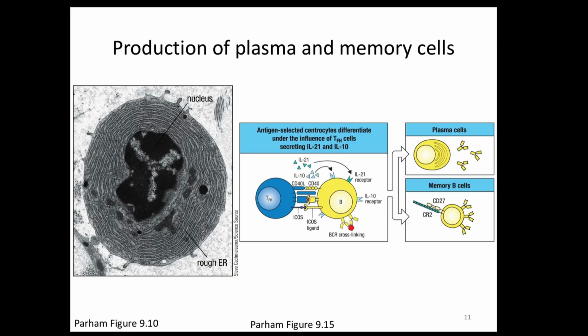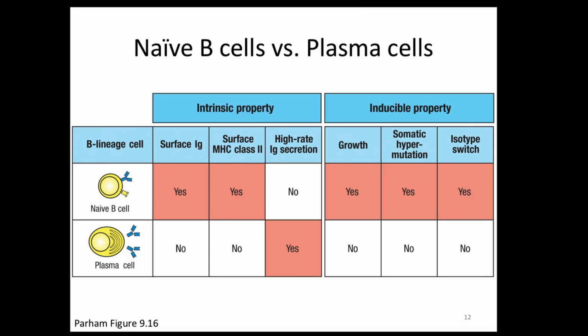In fact, this cell loses a lot of abilities. It gains the ability to make crazy high amounts of protein, crazy high amounts of antibody. But there are a lot of things it can't do because it doesn't have the parts of the cell anymore to do them.